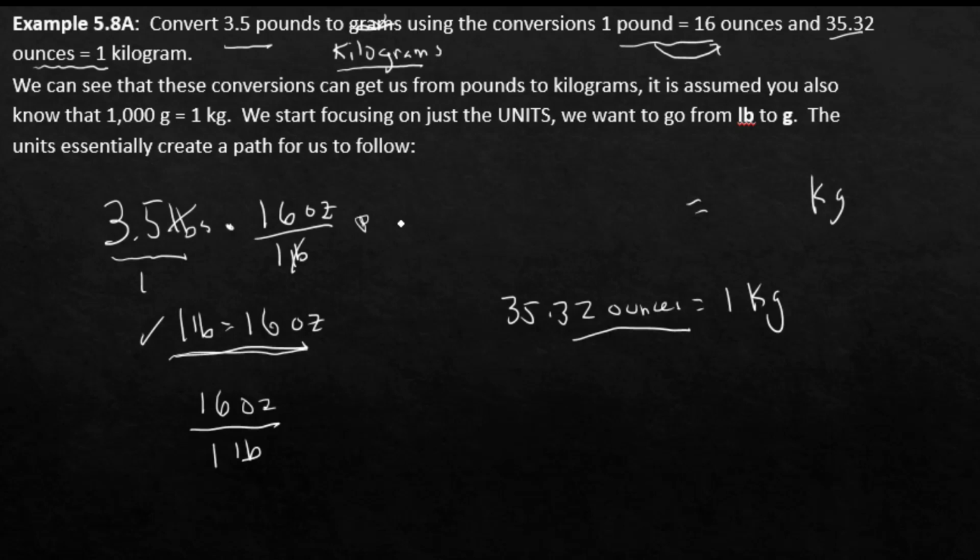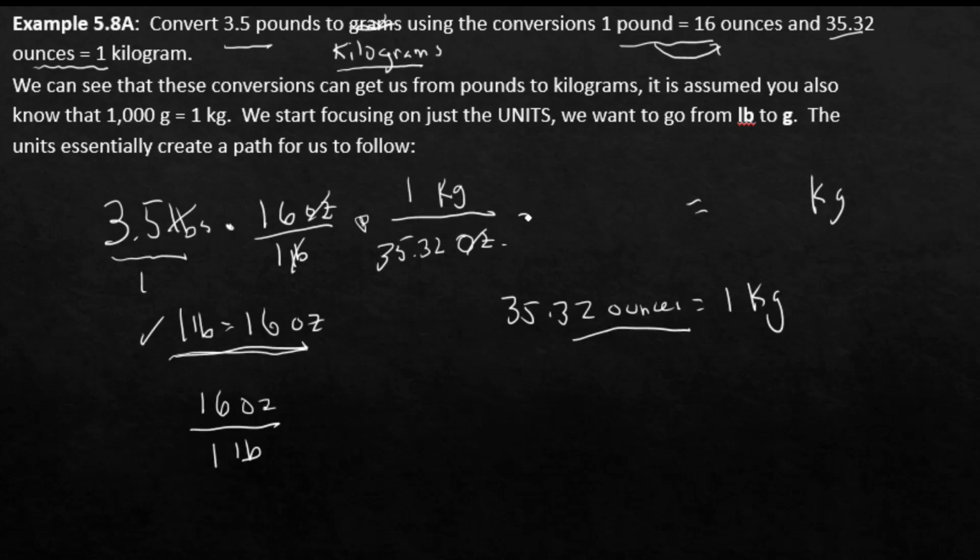But now I've got to go from ounces, which I want to get rid of. If I want to get rid of the ounces here, do I want the ounces in the numerator or the denominator? And hopefully you said I want them in the denominator. And you would be correct, because you want them to cancel. So this is 1 kilogram over 35.32 ounces. So there it is.